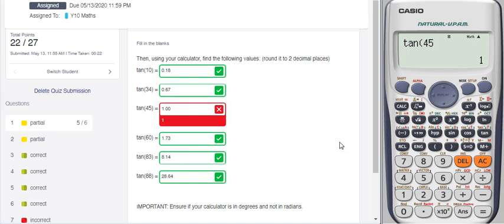Alright, tangent of 60 equals root square of 3, right? It's okay, you can also answer root square of 3, as we are working here with this virtual classroom. But if you want to give your answer as a number, you have to go here.